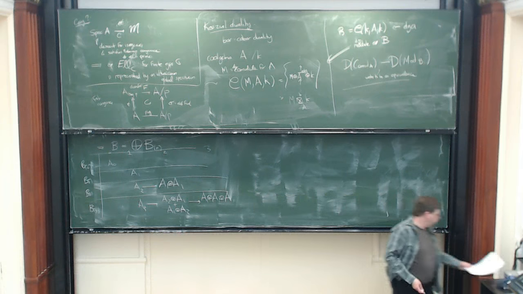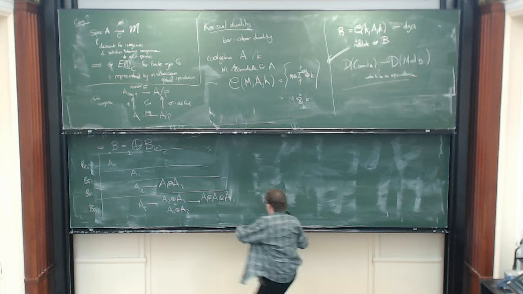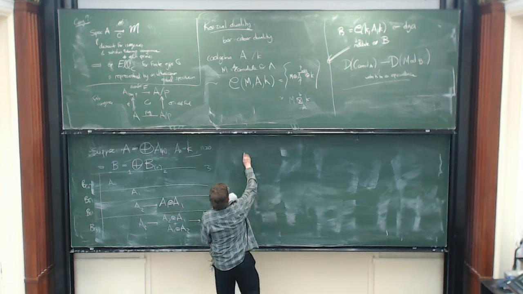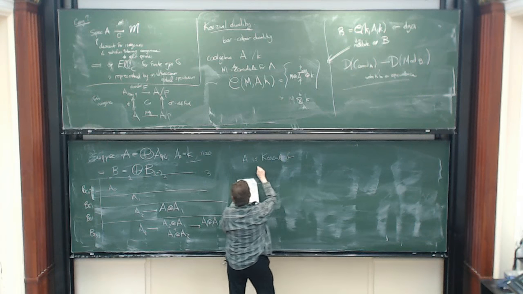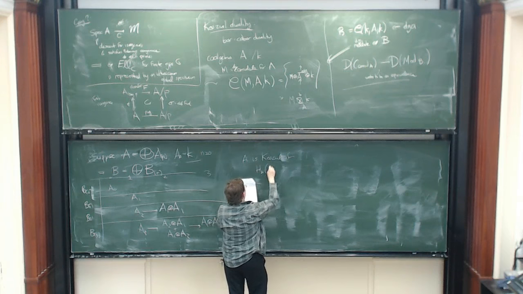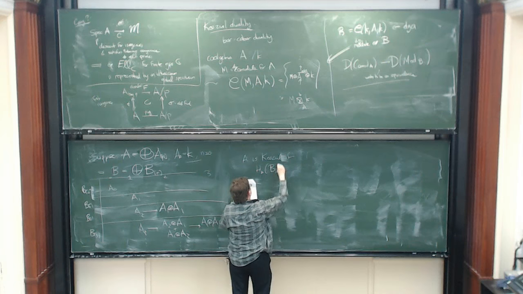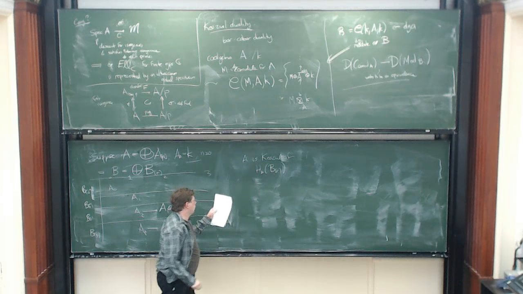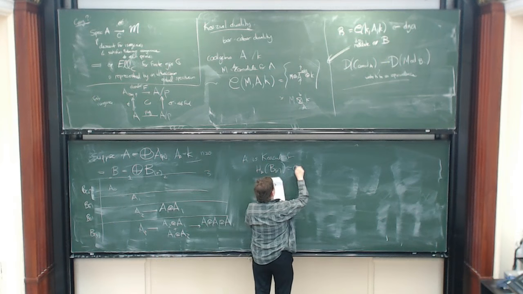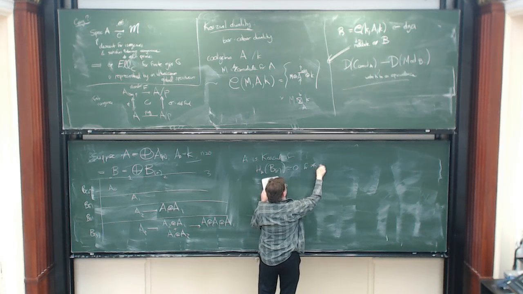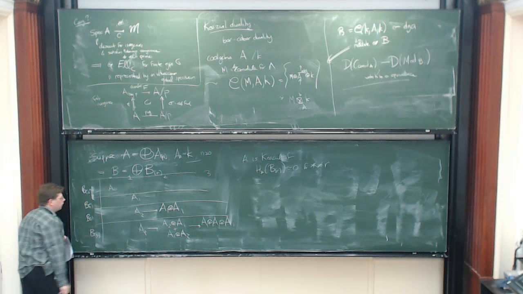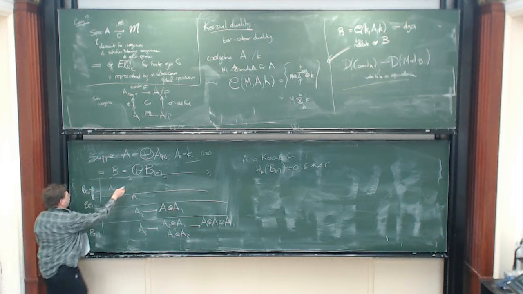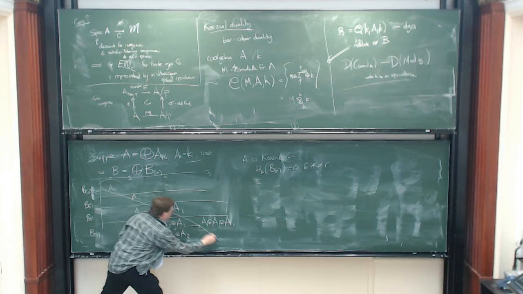So we say that A is Koszul if the homology of the rth graded piece of this cobar complex is 0 if the dimension is not R. Or in other words, we say it's Koszul if all of the cohomology here is concentrated along the diagonal.